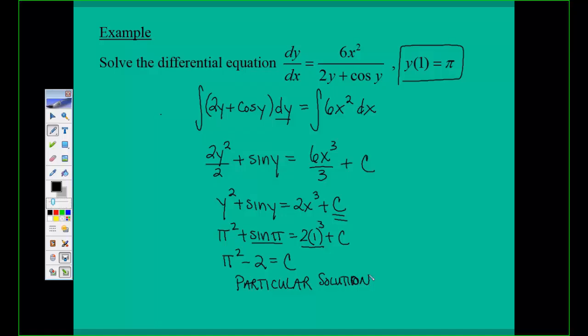So our particular solution is y squared plus the sine of y equals 2x cubed, and now we can plug in c, which is pi squared minus 2. That's our particular solution to this differential equation.